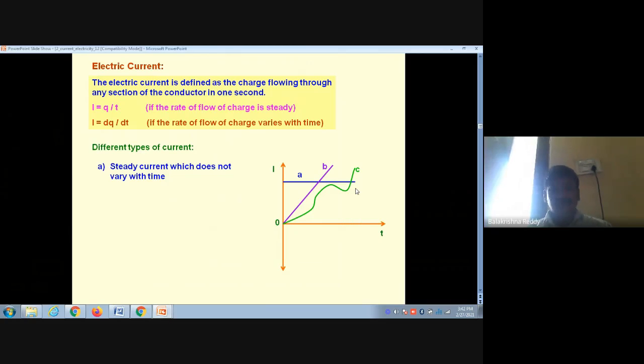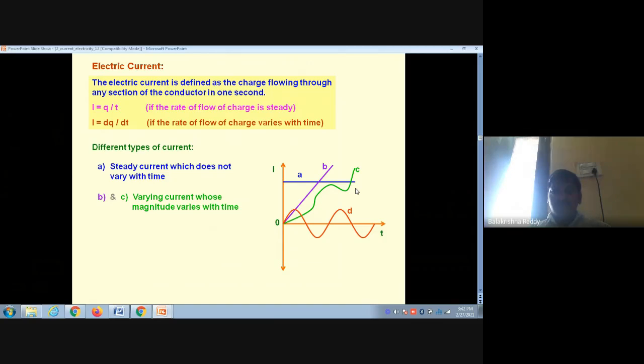That is B. And in curve C the current is increasing but randomly. Now B and C are changing with respect to time, meaning the magnitude of current is changing with respect to time. Right? Yes.